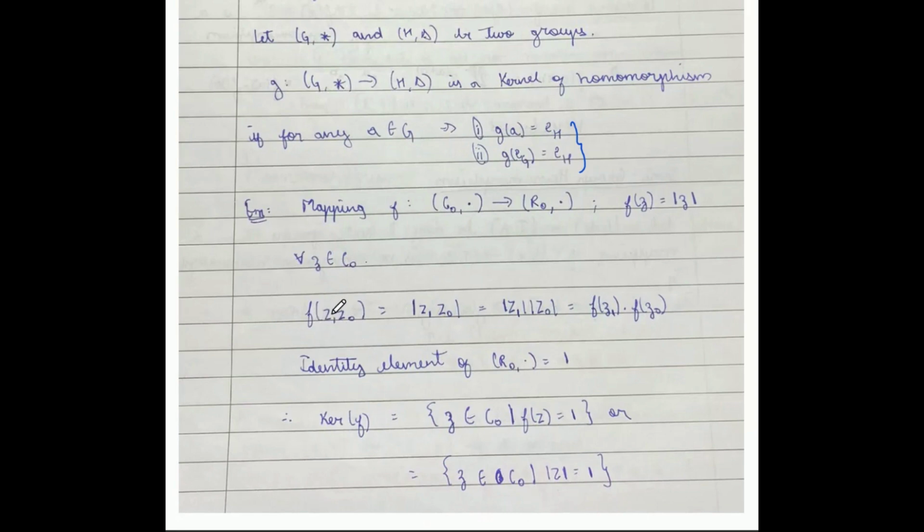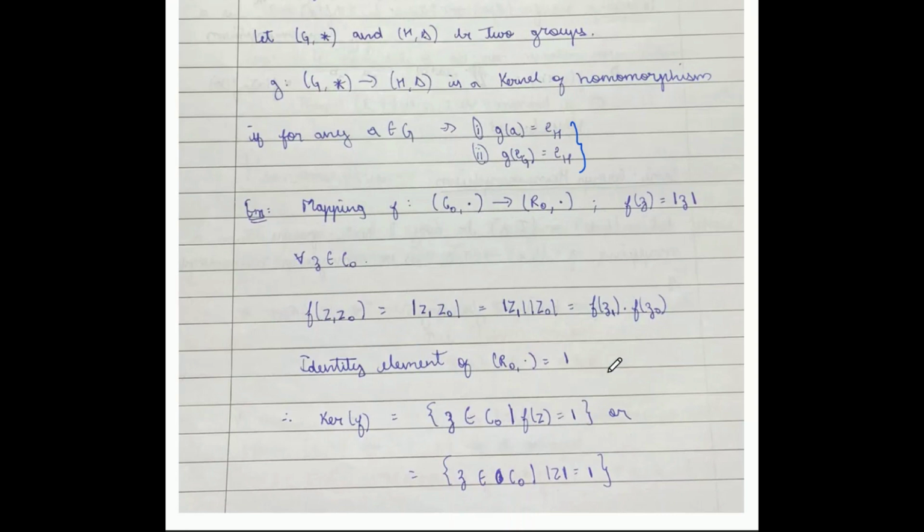So if we see f of z1 z2 gives us mod of z1 z2, and we know that if two values are multiplied inside the mod, we can write them separately also. Therefore f of z1 dot z2 is equal to f of z1 dot f of z2. So that's the property that you had to prove, and the identity element of R naught is 1. So the kernel of f can be defined as any value z belonging to C naught such that f of z is equal to 1.